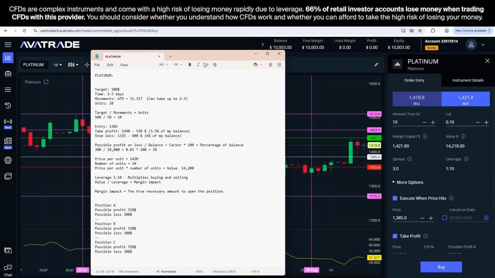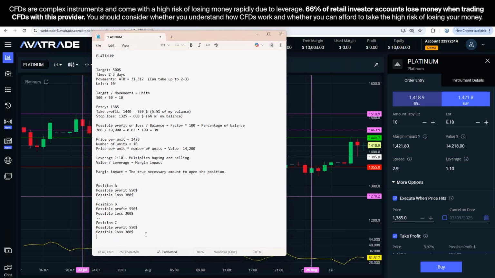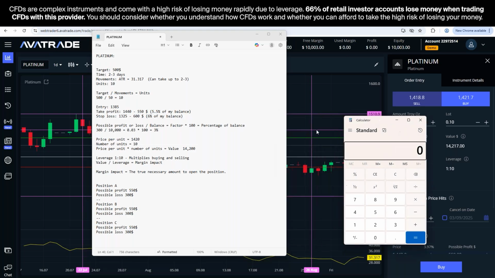Okay, with this ratio, the accumulation of the numbers we've got in here, this is only profit. This is if we've made profit on all of the positions. This is if we have losses on all of the positions.